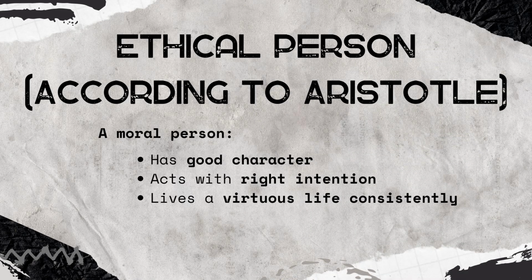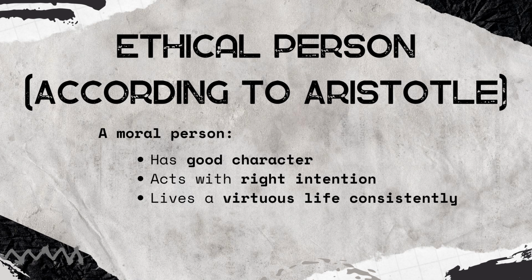Ethical person. According to Aristotle, an ethical person is someone who does not just follow rules, but has a good and well-developed character. First, an ethical person has a good character and shows virtues like honesty, kindness, and responsibility. Second, they think carefully before acting, considering what is right and the possible effects of their actions.